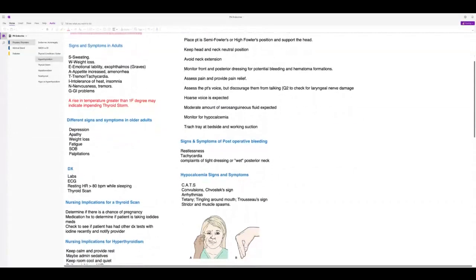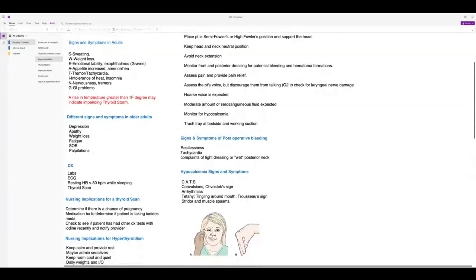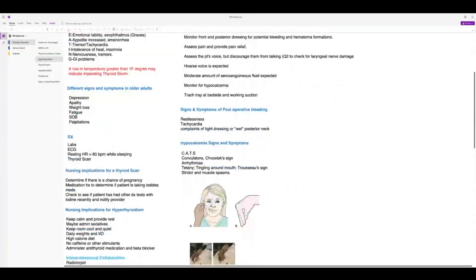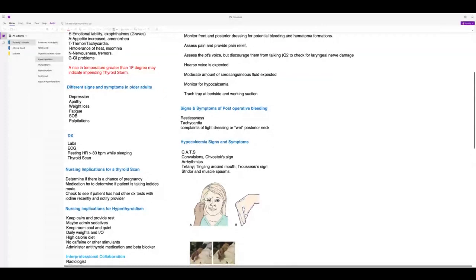You want to keep the patient calm and provide rest, especially if they're really hyper. You might have to give them some sedatives, keep the room cool and quiet, do daily weights and eyes and nose care, a high calorie diet, and obviously no stimulants. They're going to need to take their anti-thyroid medication and possibly a beta blocker. That's the medication for hyperthyroidism.